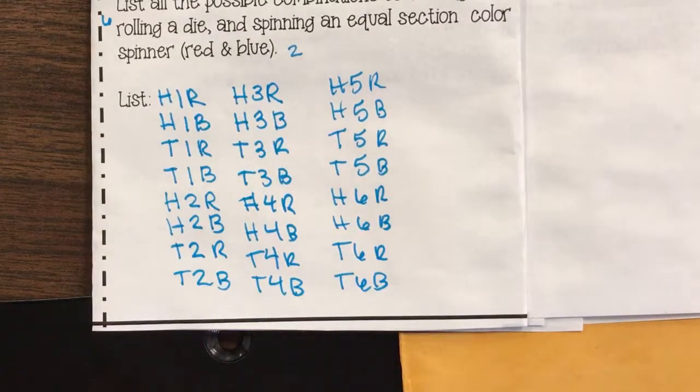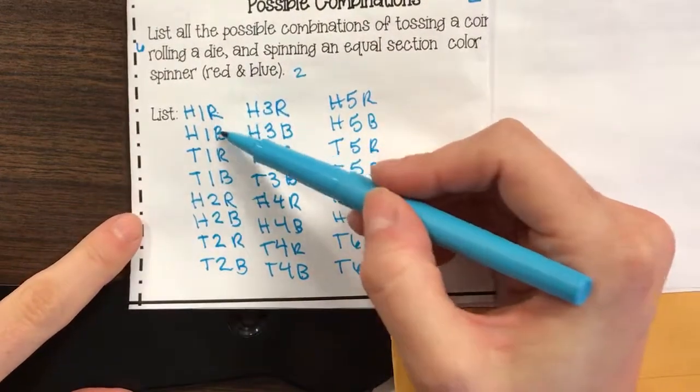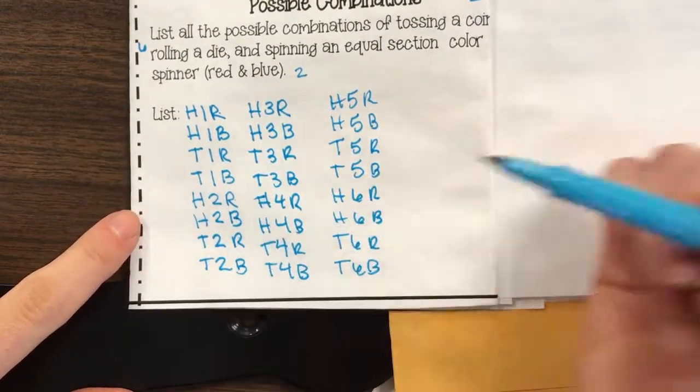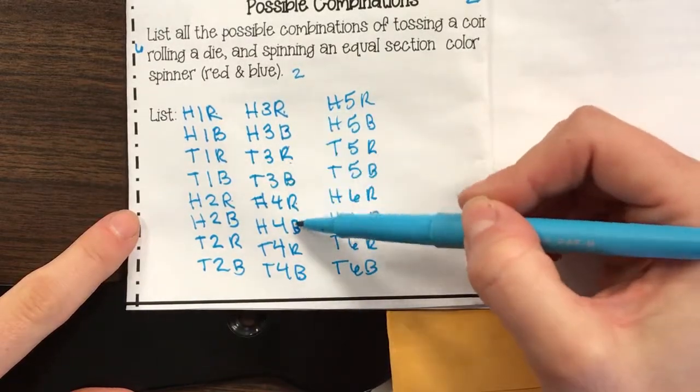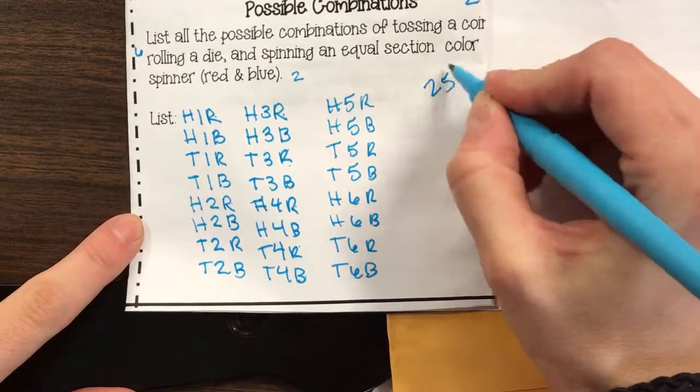This isn't saying exactly what's going to happen. It's saying what every combination is that we could make. We should end up with 24 possible combinations.